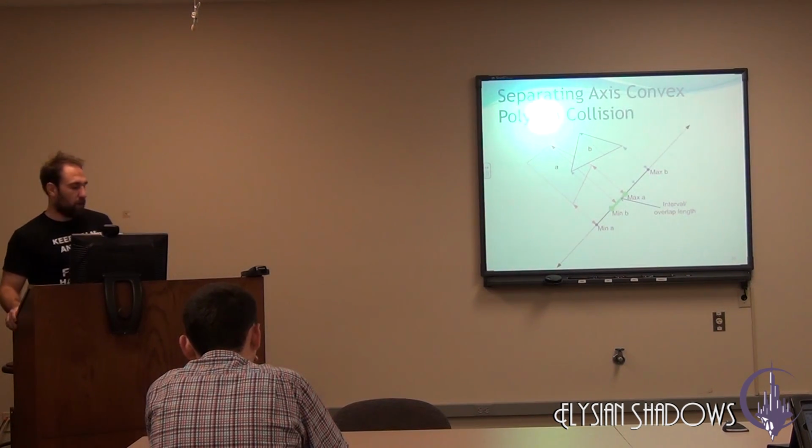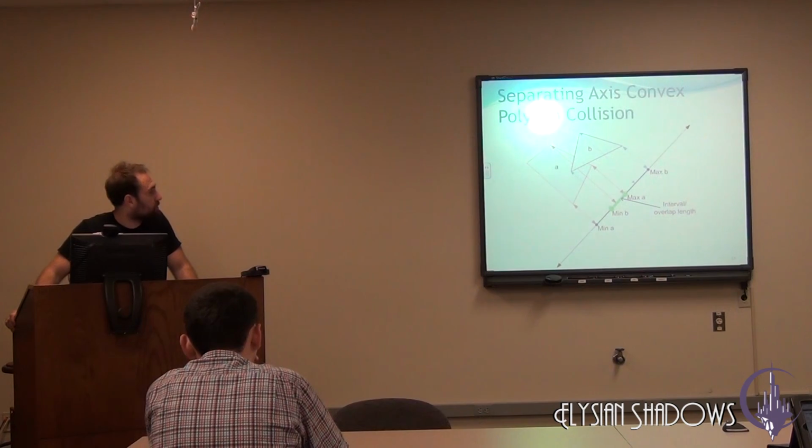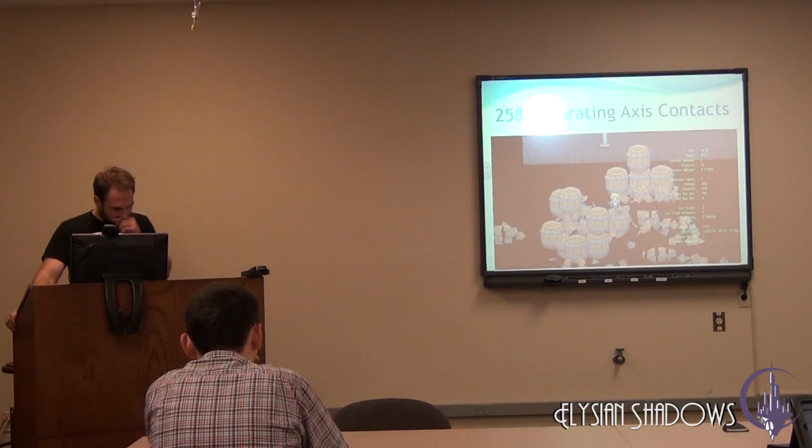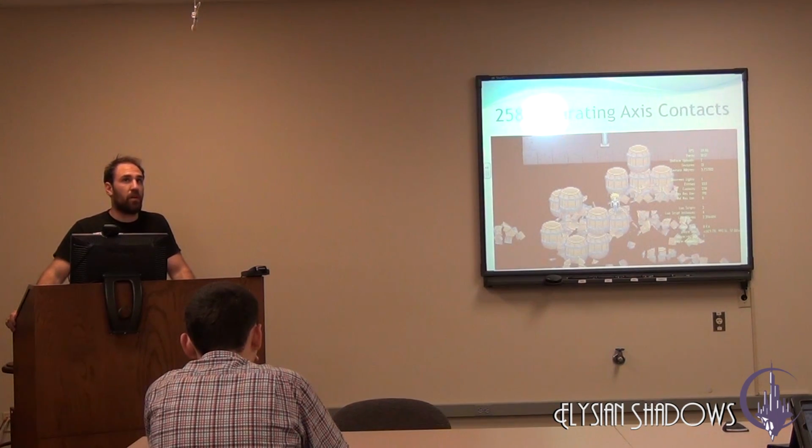This is a very common algorithm for detecting collisions between convex polygons. This is just the two-dimensional case, but it's basically a whole bunch of linear algebra, called the separating axis theorem. This was using the rigid body, actually the fine phase contact algorithm that I developed in Dr. Wells' 790 class.